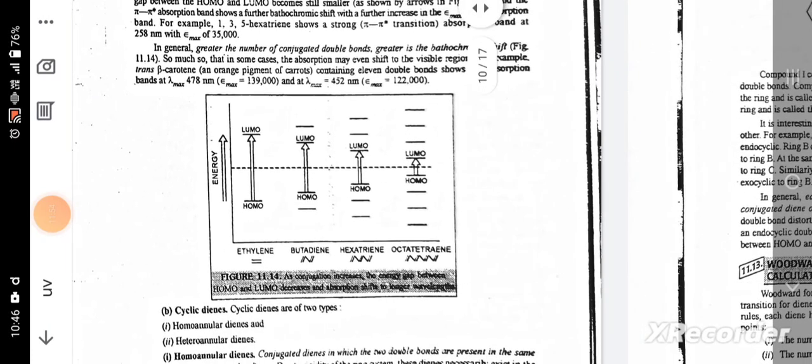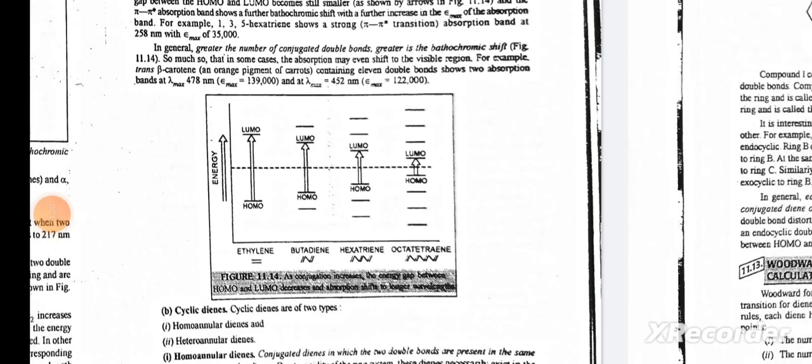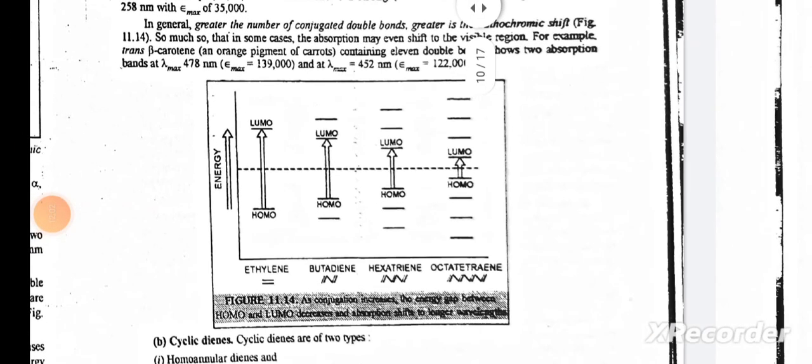For example, 1,3,5-hexatriene shows a strong pi to pi star transition absorption band. In general, the greater the number of conjugated double bonds, the greater is the bathochromic shift, so much that in some cases the absorption may even shift to the visible region. For example, trans beta carotene, the orange pigment of carrots containing 11 double bonds, shows two absorption bands.